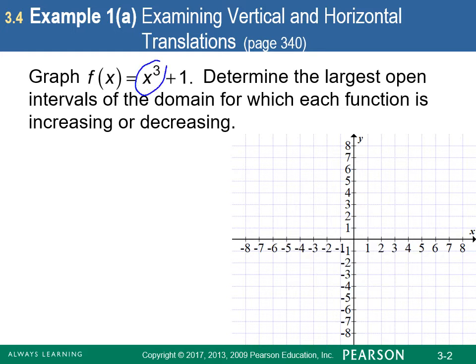The graph of x cubed, as I recall, starts at the origin, comes up here, similar to a parabola, but goes down on this side. So the plus 1 at the end shifts the whole graph up 1 unit. So it will look like this.